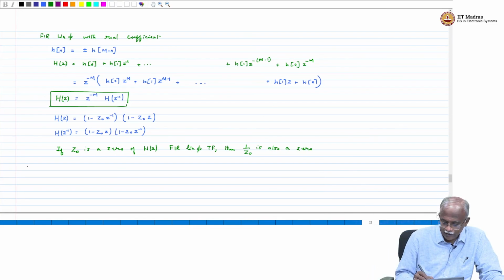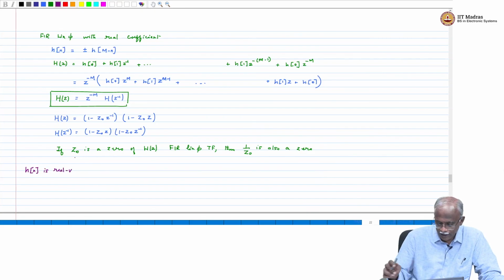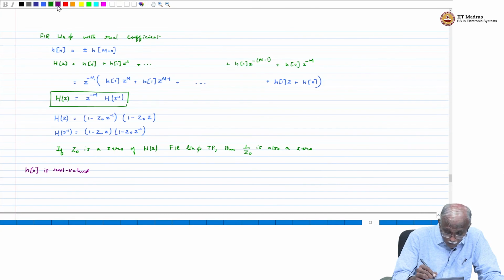Now in addition, if h of n is real valued, that means it's a real valued sequence, then you cannot get just a complex root.